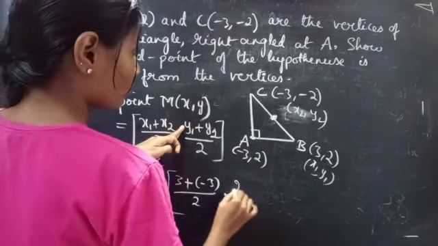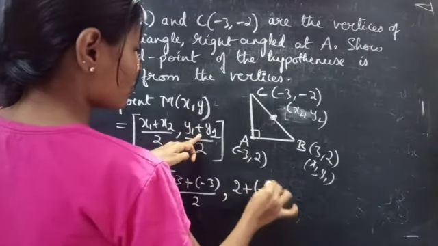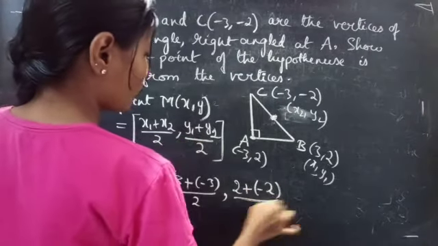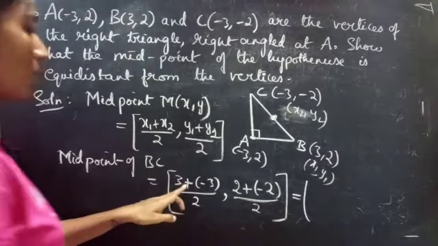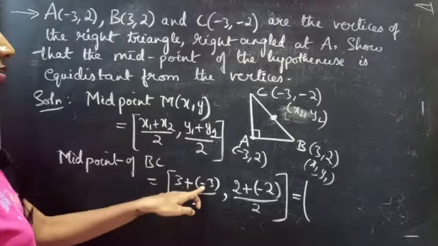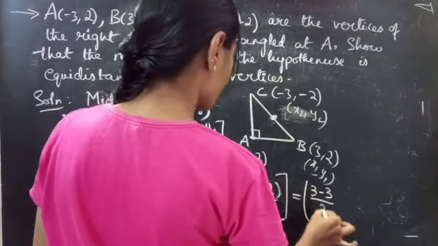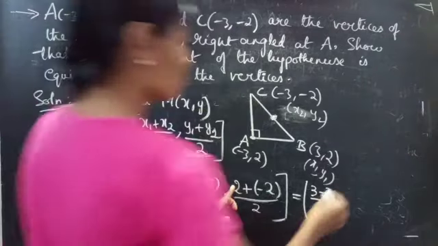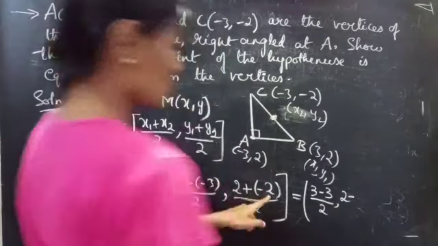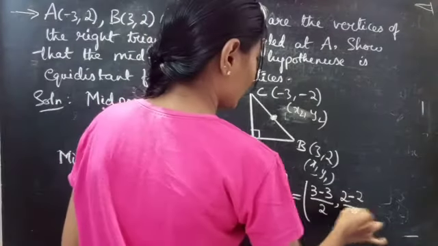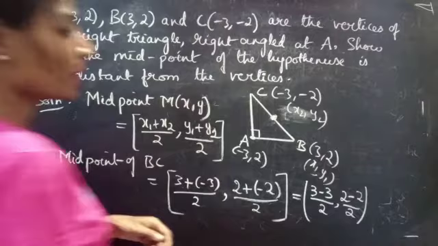You're having x1 equals 3 plus x2 equals minus 3, by 2, comma y1 is 2 plus y2 is minus 2, by 2. So you'll get (3 minus 3) by 2 comma (2 minus 2) by 2. 3 minus 3 is 0 and 2 minus 2 is 0.